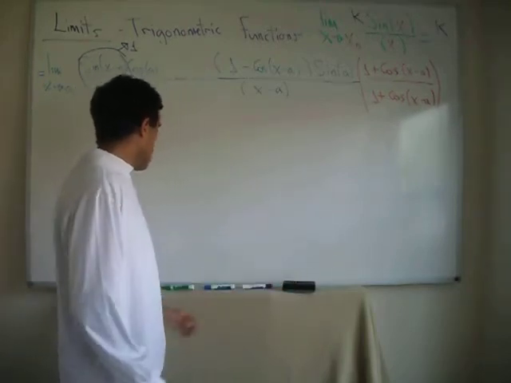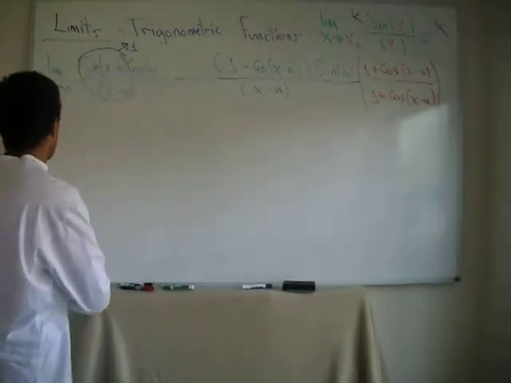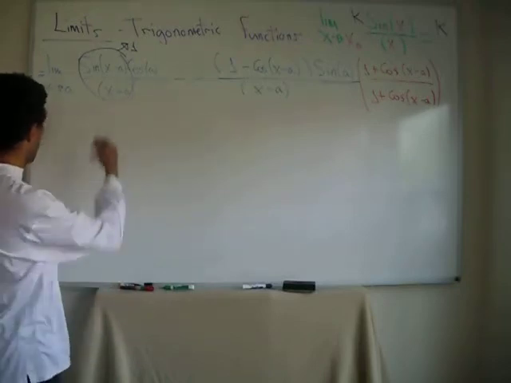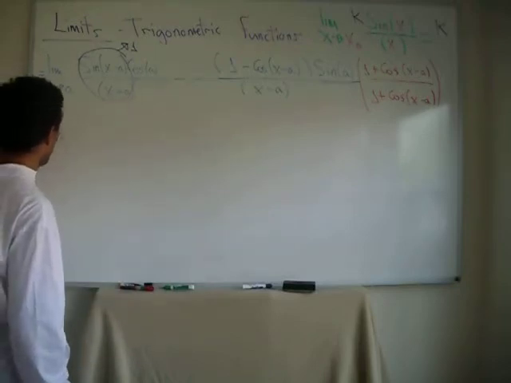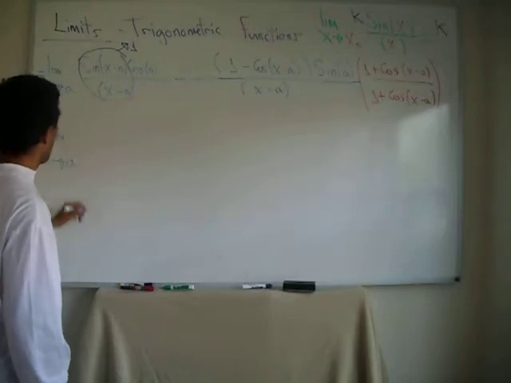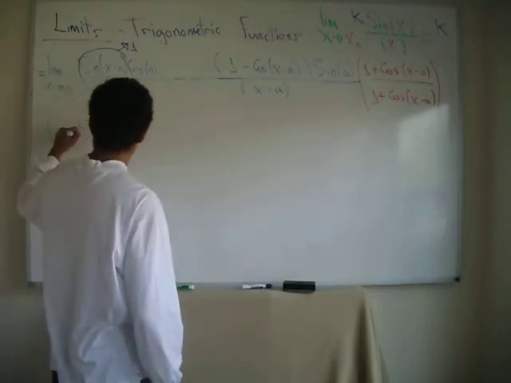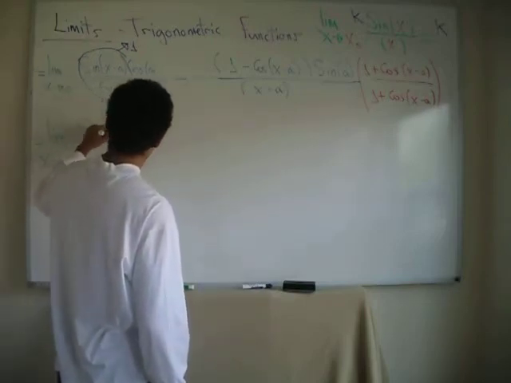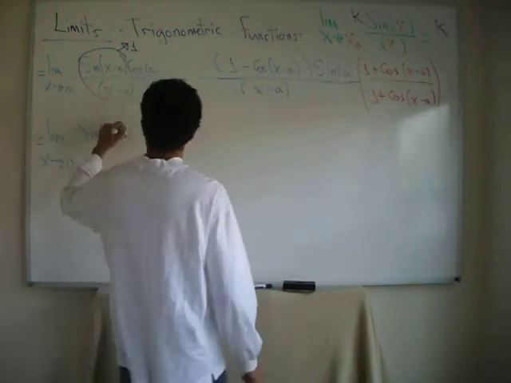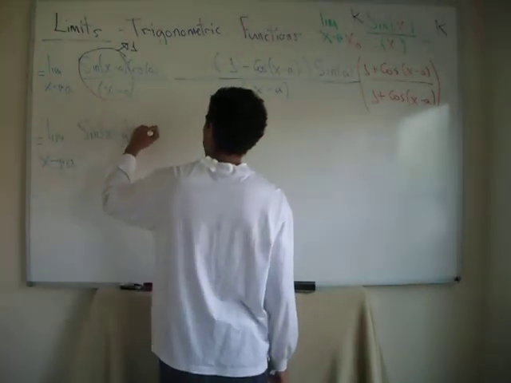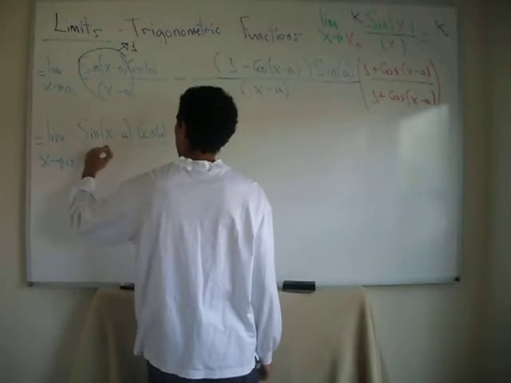And I'm going to end up with the limit, again, the first part of the expression is taken care of, x tends to a, and we're going to have sin of x minus a cos of a over x minus a.